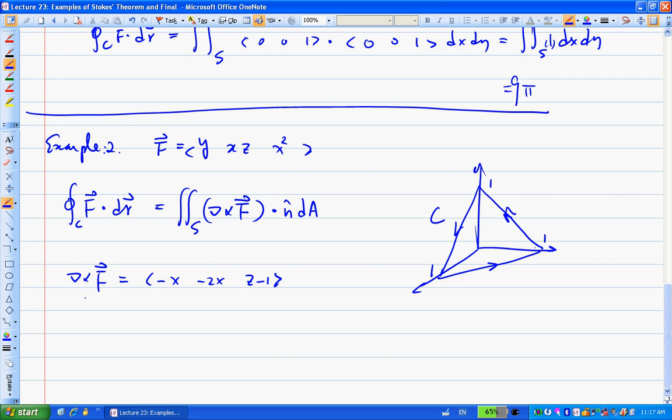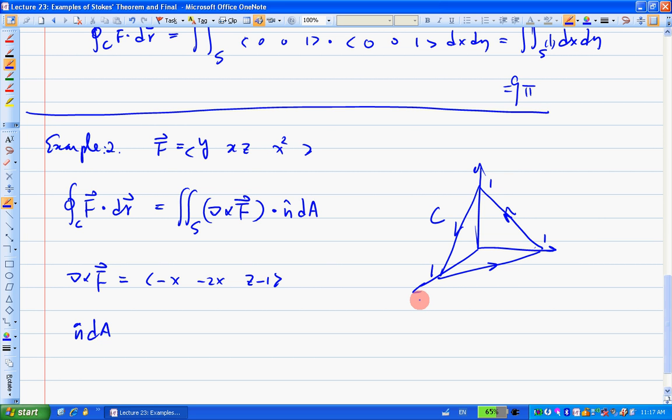Then the next thing is this n hat dA. Again, this question didn't specify a surface S for you. It didn't specify what surface S you should calculate this double integral over, which is bounded by the curve C. One easy choice is this triangle here.